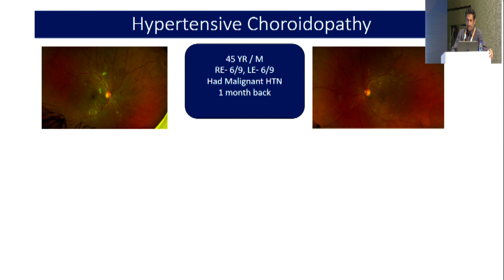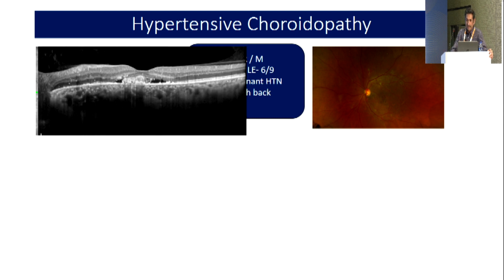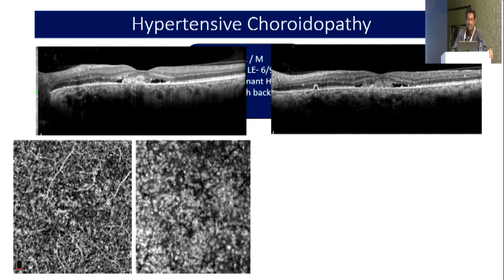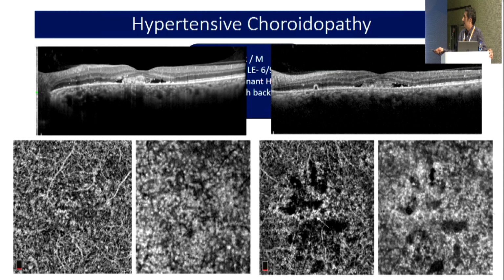So if you do OCTA, and this is the corresponding OCT, because of the choroidal ischemia, it's going to damage the RPE, and then you can get hyperreflective material in the subretinal space. So these are all features of hypertensive choroidopathy, and you can see how nicely the OCTA is showing the flow void areas.